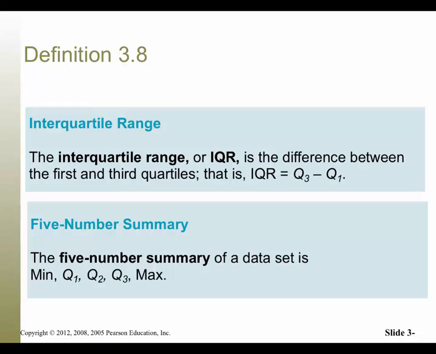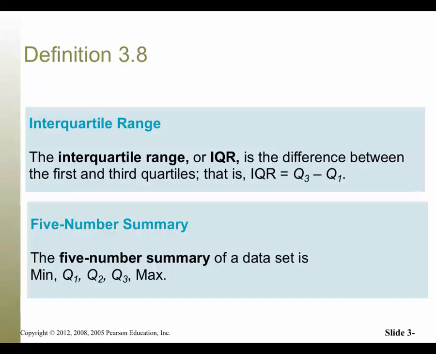The interquartile range is the difference between the first and third quartiles, the median of the upper half minus the median of the lower half. What percent of the data falls in this range? It would be 50%. The middle 50% of the data falls in the interquartile range.